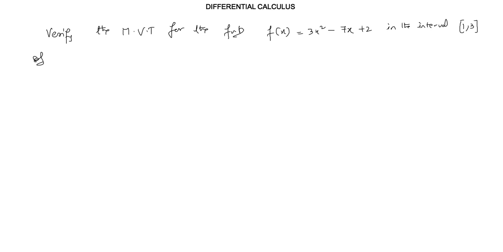So f of x being a polynomial is continuous and differentiable in R, and f of 1 is 3 minus 7 plus 2, which gives minus 2, and f of 3 would be 27 minus 21 plus 2, which gives 8.